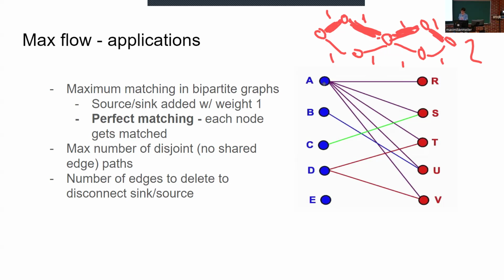And also, if you set everything up with edge weights of 1 and then run max flow, you can get the number of edges needed to disconnect the sink from the source, which is also fairly intuitive. Here, since there are only 2 ways for things to flow into the sink, which gives us this max flow of 2, you can just chop them off and then they're disconnected.